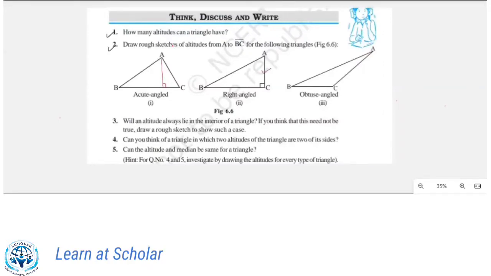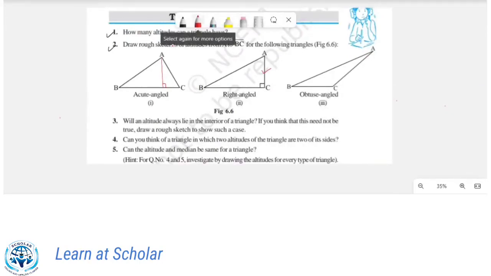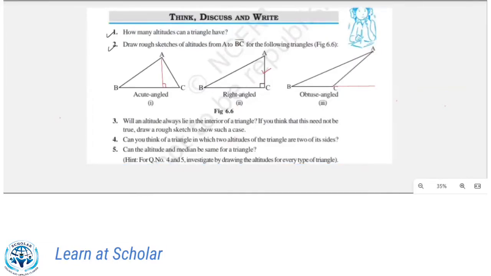Now in the second one, which is the right angled triangle, the side is same as an altitude, because you can see for measuring the height, we can draw a line from A to C, which is the same as the side of triangle ABC. In the third one, obtuse angle, we can take the topmost point and the bottom, and we can draw an altitude which lies outside the triangle.